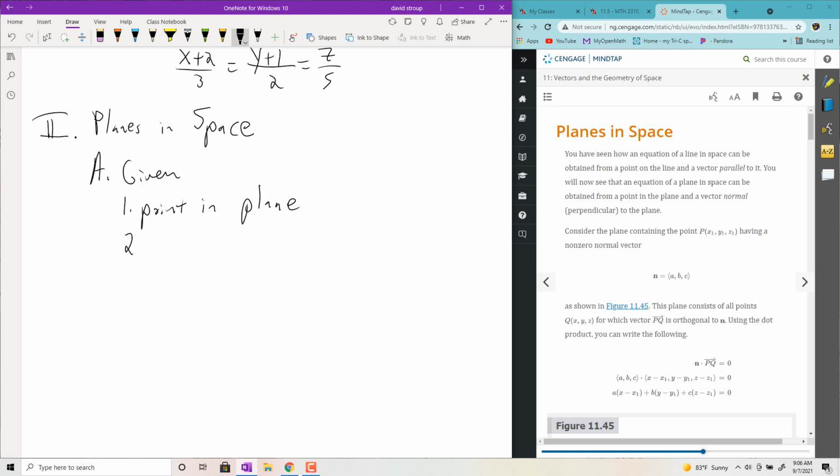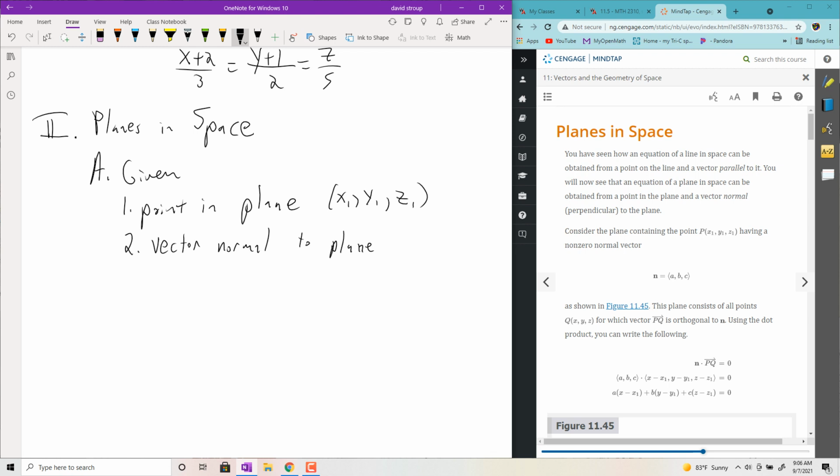Okay. And then secondly, we give this a name again, so x1, y1, z1. And then you're given a normal vector, a vector normal to the plane.